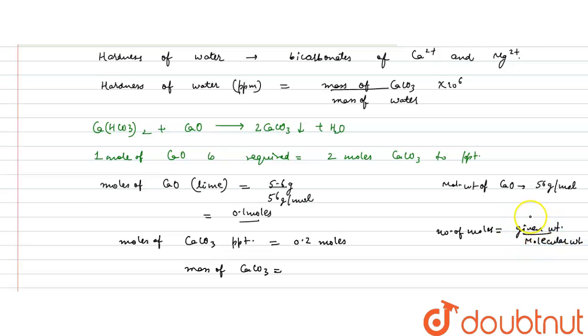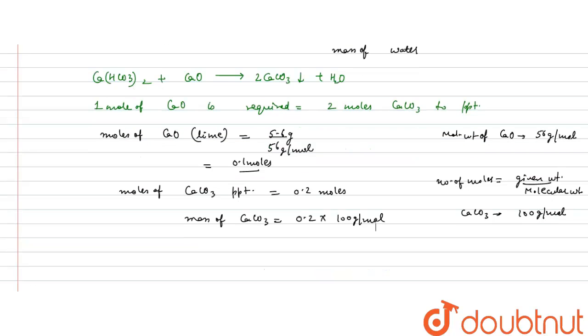Here the weight we have to calculate, number of moles are 0.2 moles and the molecular weight of calcium carbonate is 100 gram per mole. So the mass will be number of moles multiplied by molecular weight. Number of moles is 0.2 mole and 100 gram per mole is its molecular weight. So it will be equal to 20 grams. It means mass of calcium carbonate is 20 gram.